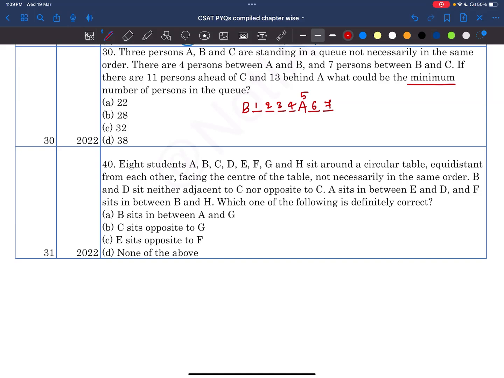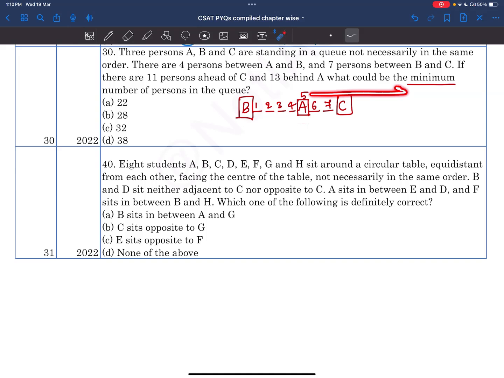These 7 people are between B and C. Okay, we have accommodated all these people between B and C. If there are 11 persons ahead of C and 13 behind A, this is A, no?